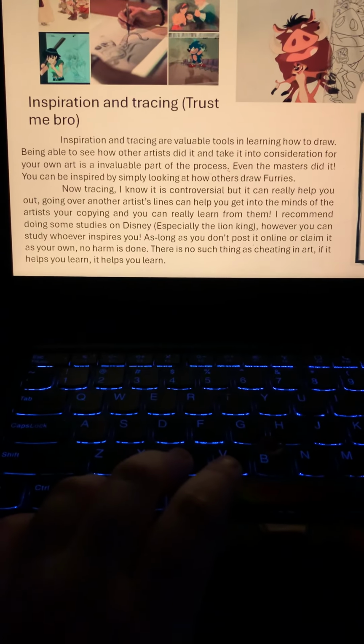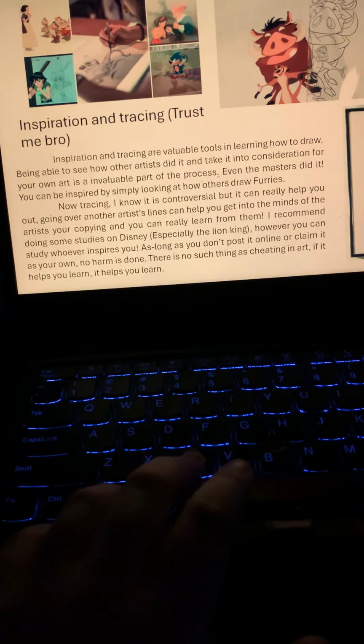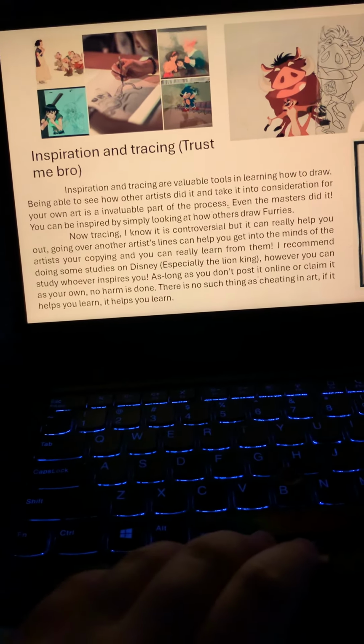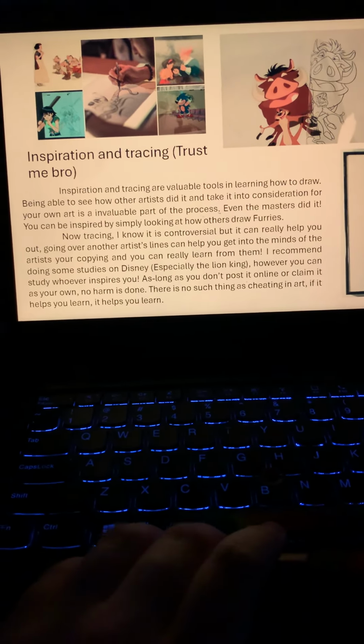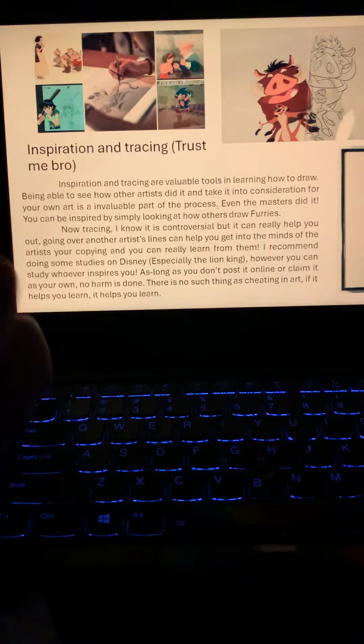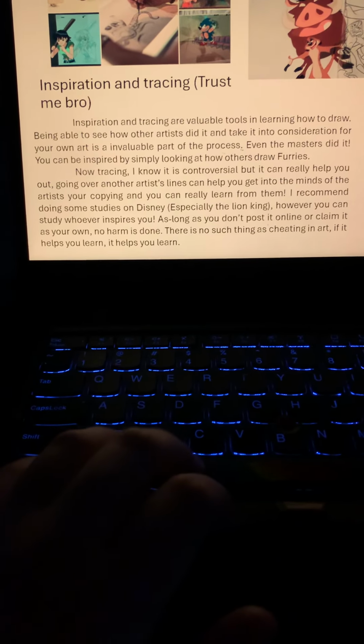However, you can study whoever inspires you as long as you don't post it online or claim it as your own. No harm is done. There's also no such thing as cheating in art. If it helps you learn, it helps you learn.